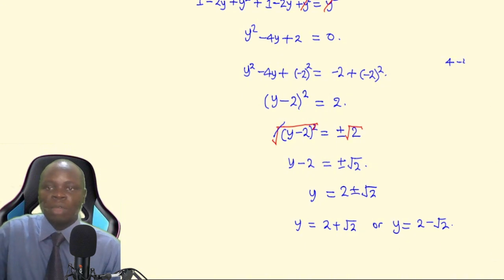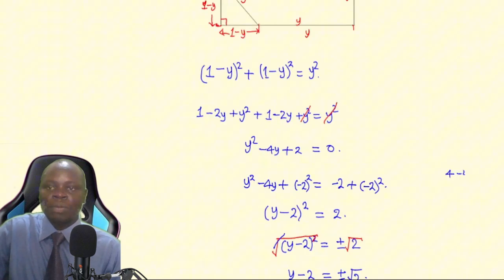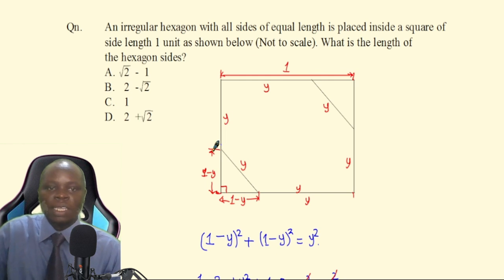But then from our answer we have both options, and we don't know which one exactly is the answer. We have this and that. But then let's try to think around here that, okay, if from here up to here is y and the whole thing is 1, which means the value for y should be less than 1, because some of this part has been taken somewhere.